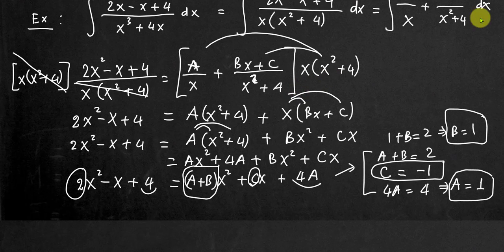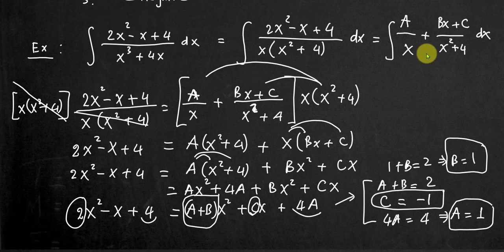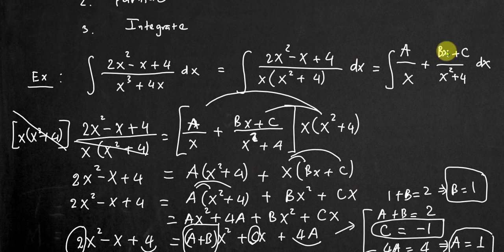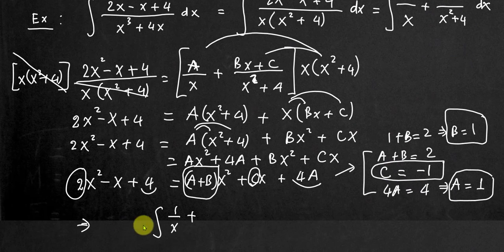I can rewrite this integral here and plug in the values of a, b, and c to here, here, and here. Then I should get the integral of a over x, so that should be 1 over x, plus bx plus c. B is 1, so 1 times x plus c. C is minus 1, so you can put the minus here.